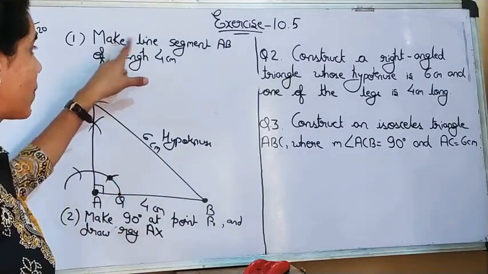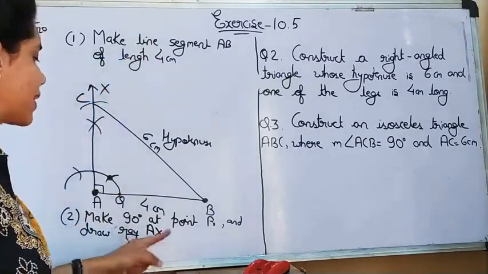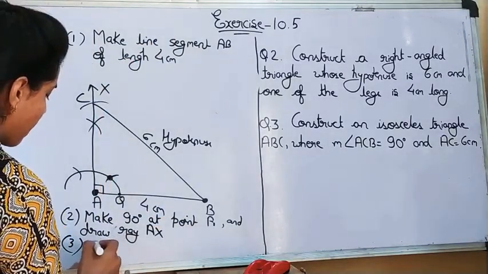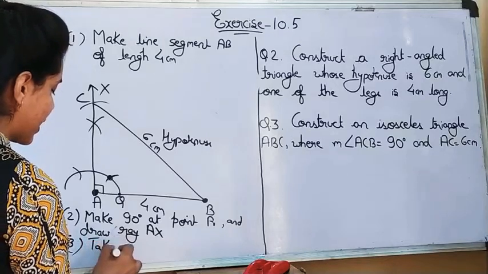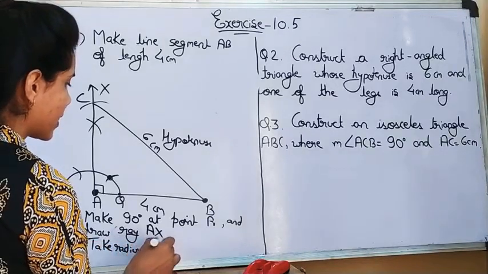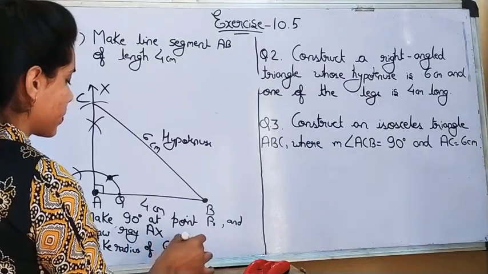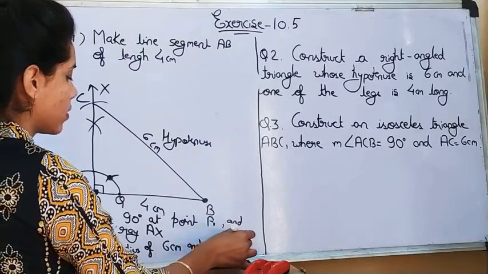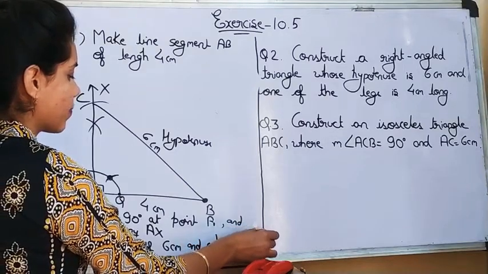First was to make the line segment, second was to make the 90-degree angle, third, take a radius of 6 centimeter and cut an arc at AX.